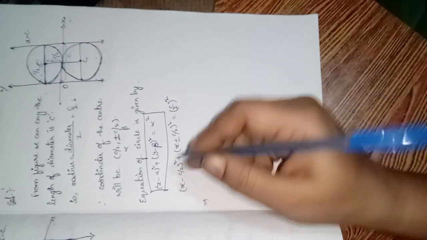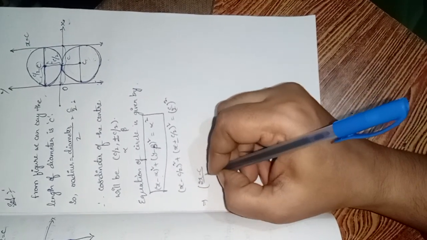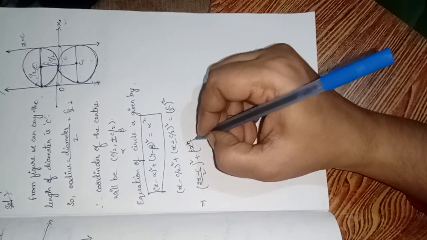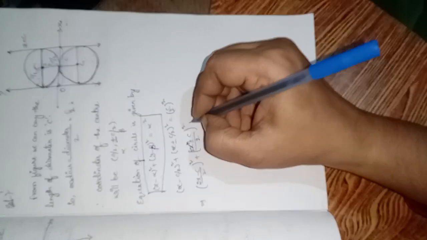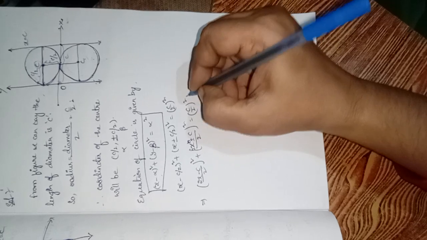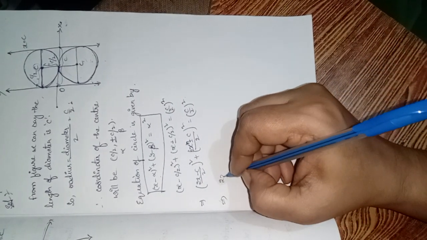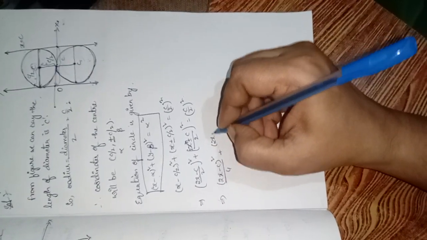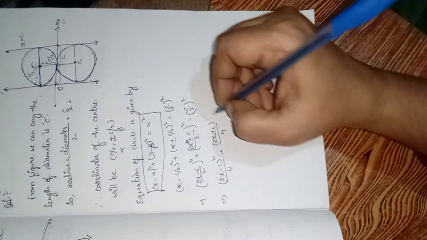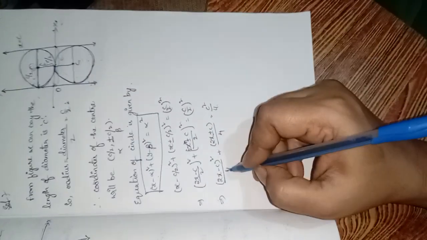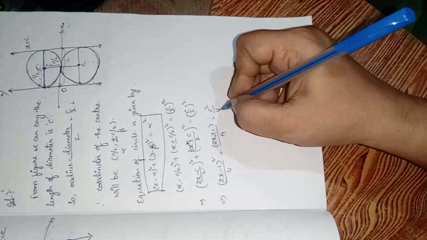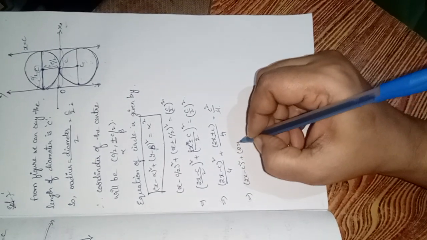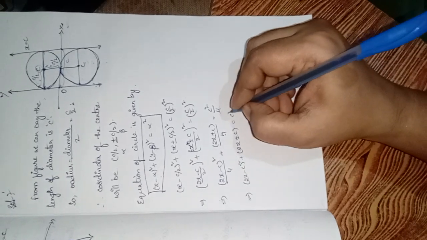Now from this, what can we do? This becomes 2x minus c whole square by 4 plus 2y plus or minus c whole square by 4, which equals c square by 4. Here the denominators cancel, and what remains is 2x minus c whole square plus 2y plus or minus c whole square equals c square.